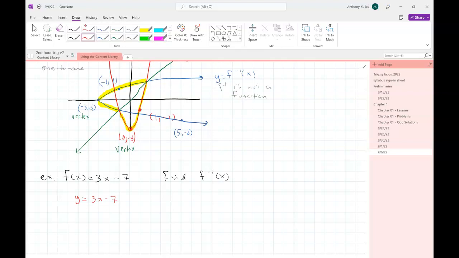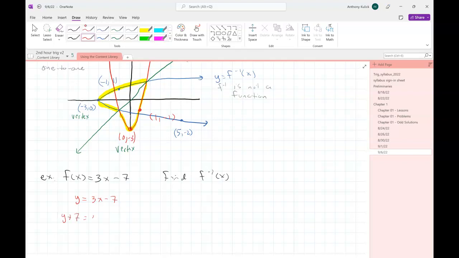So here's the procedure. Okay? I'm going to solve for x, just like I would if this was an Algebra 1 problem. So that's step 1. So to solve for x, I'm going to start by adding 7 to both sides, right?